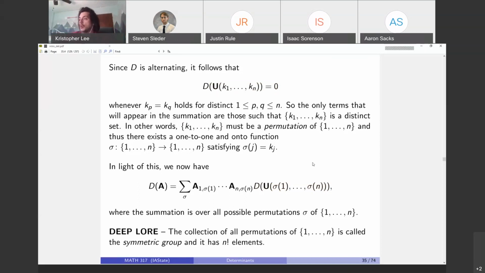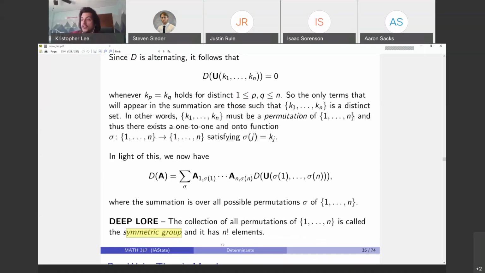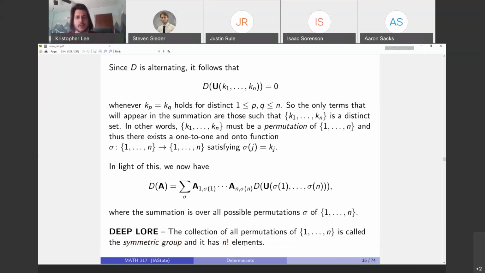Okay, so some deep lore here before we go forward. The collection of all permutations of 1 to n is called the symmetric group. It has n factorial things in it, which is pretty easy to verify. The first term has n choices. The second term has n minus 1 choices because you already exhausted one, and so on and so forth. So there are n factorial possible bijections of the set 1 to n to itself.